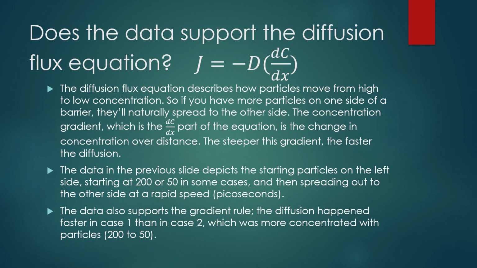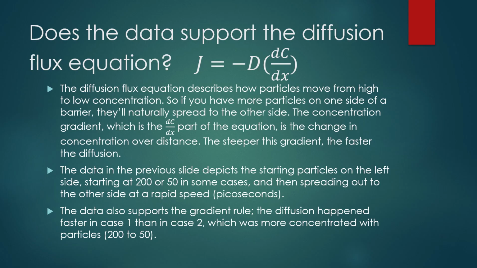This is shown in our data because at the beginning, we start with 0 on the right side, and after we open the barrier, the particles start increasing on the right side. The concentration gradient is the change in concentration over the distance. So the steeper the gradient, the faster the diffusion.